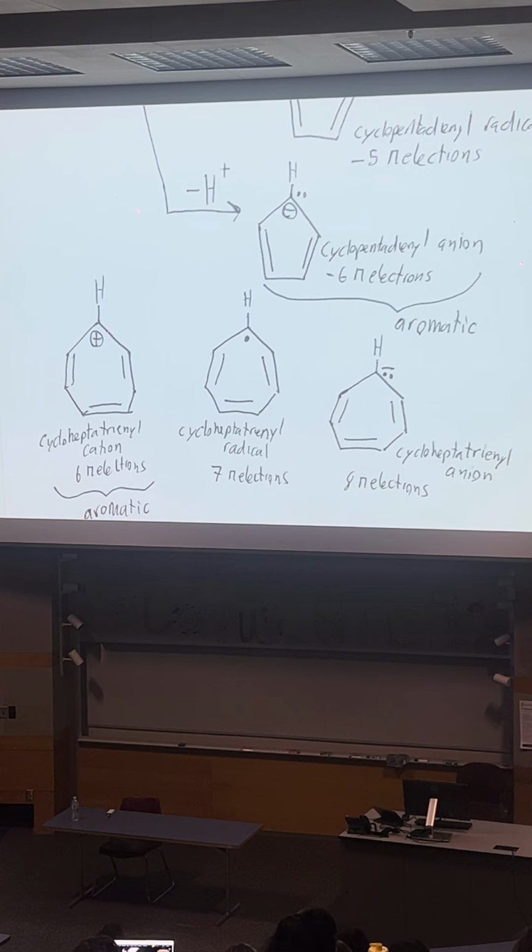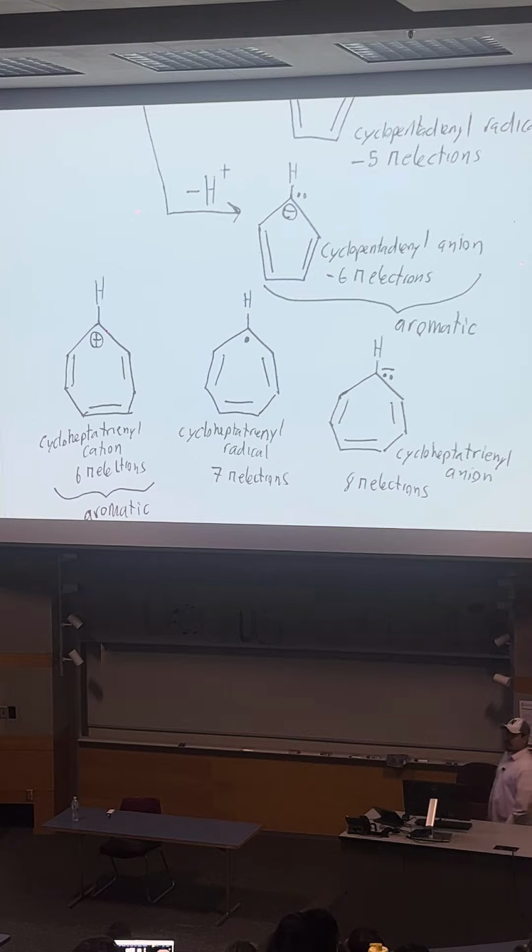So all 3 of these are conjugated, all 3 of these can resonate around the entire ring, but only the first one with 6 pi electrons is the aromatic variant. The other 2 will be very bad. Any questions about this?